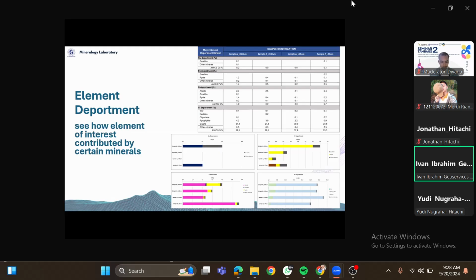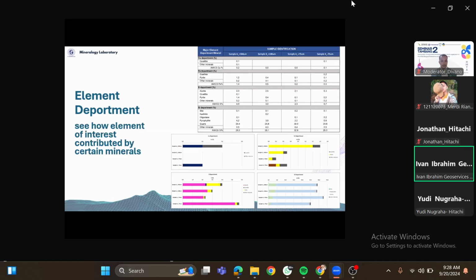Lalu 0,1 di sampel terakhir itu full dari covellite saja. Kita juga bisa tahu dari mineral-mineral lain sumbangsihnya terhadap elemen tertentu itu bagaimana. Misal, supaya lebih ada gambaran lagi, total silika dalam sampel pertama itu sekitar 29,3 ya.